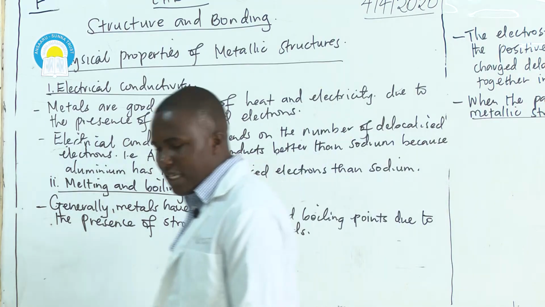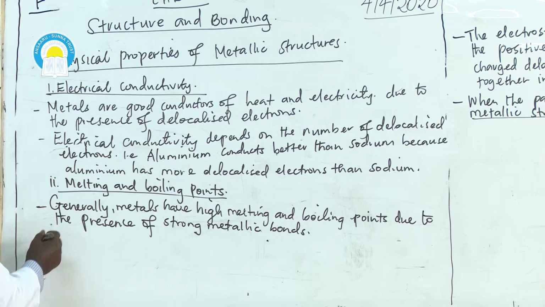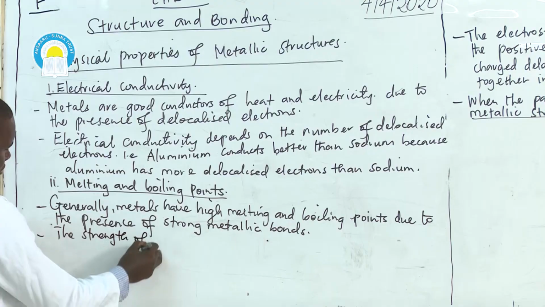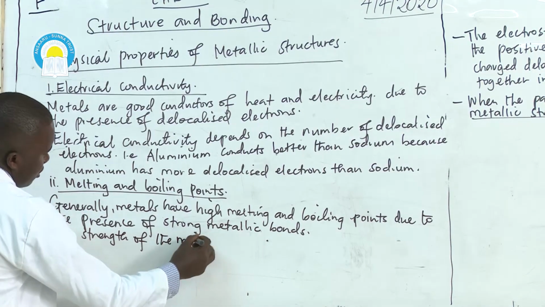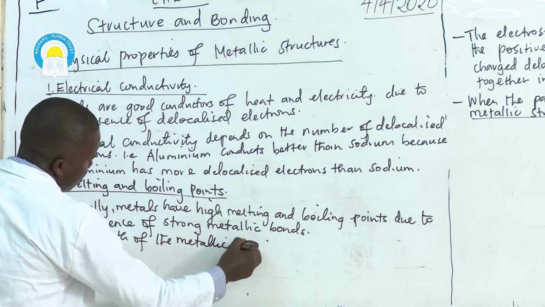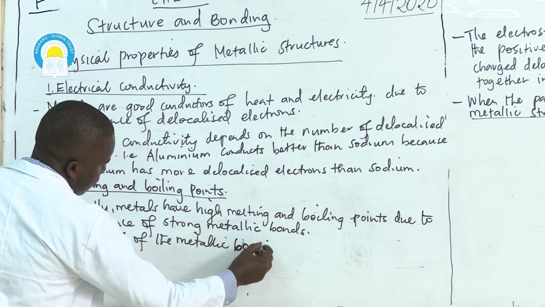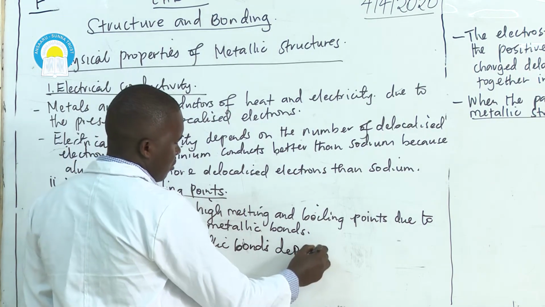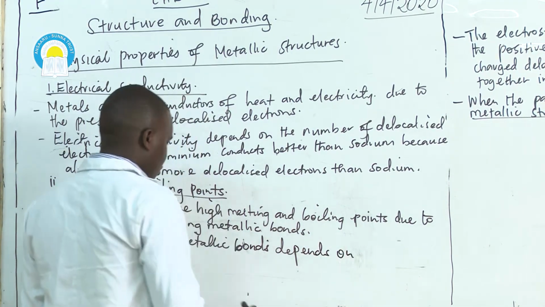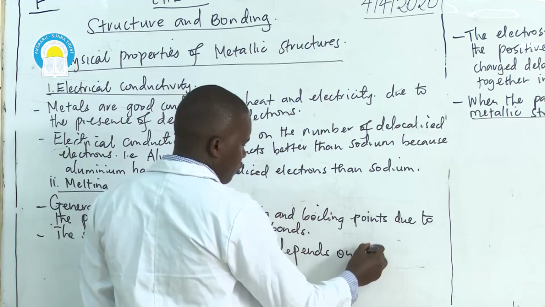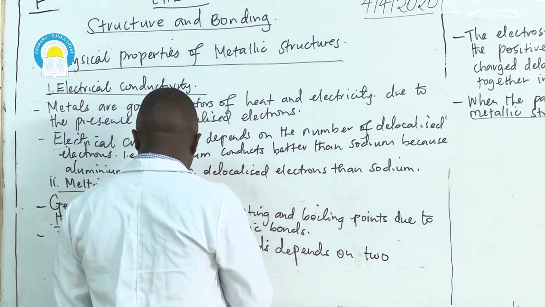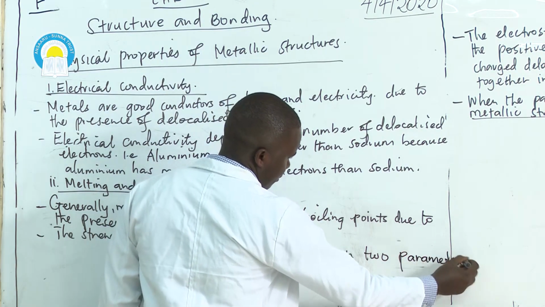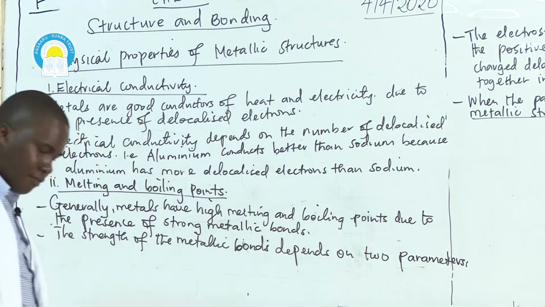So you will find that the strength of the metallic bonds depends on two parameters, if I may call them that.